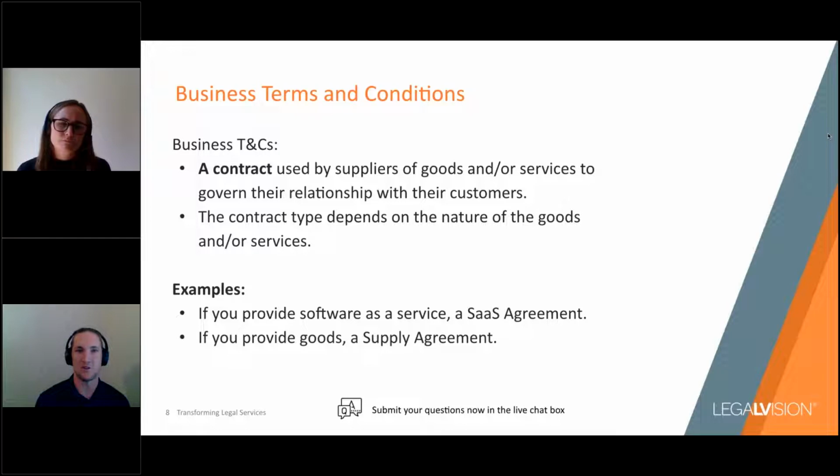Otherwise, if you are supplying goods, apparel for example, you might call it a client agreement or a supply agreement, that kind of thing. There's a whole heap of things that you can call it, but essentially the thing to take home is that it's a set of terms between you as your business and your customers who are purchasing your goods or services.